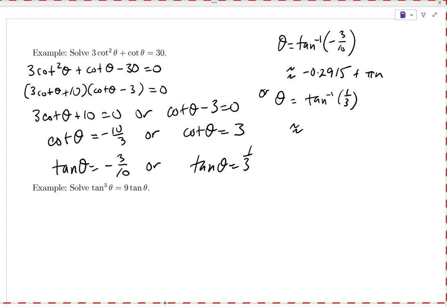Inverse tangent of a third. 0.3218. And then I add pi n. Technically, I probably should write my plus pi n up here too, because I'm really using the calculator to approximate the first part. Thank you for fixing my error there. Questions on that one?